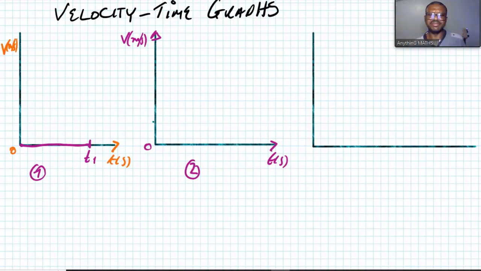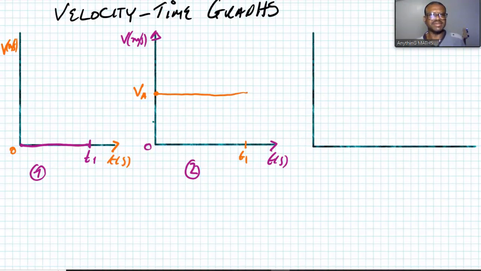Let's imagine the particle has a velocity va, but the velocity is not increasing for another t1 seconds. So we just draw a line parallel to that, to t1.